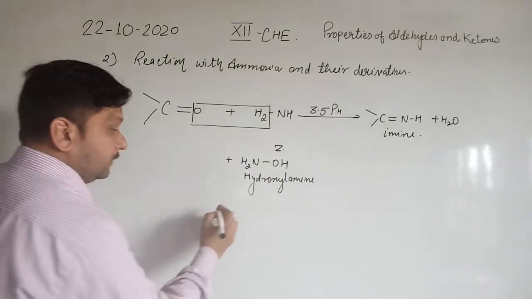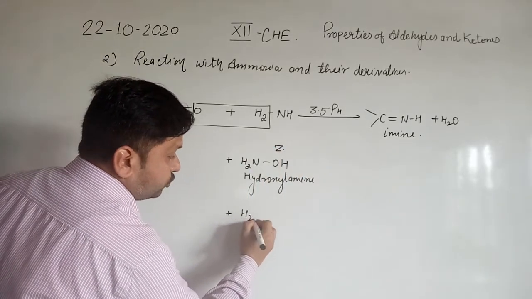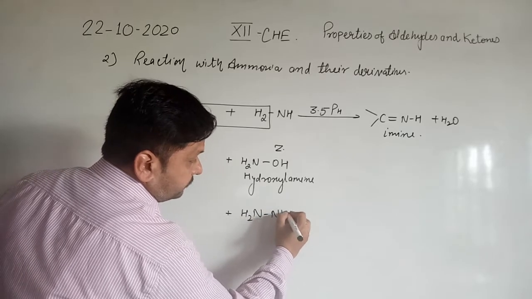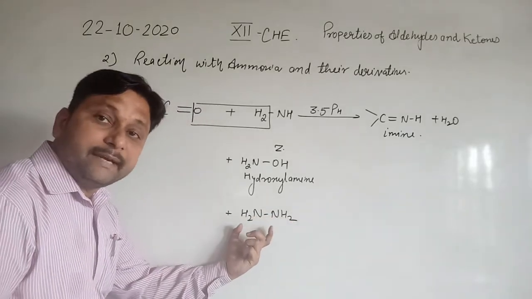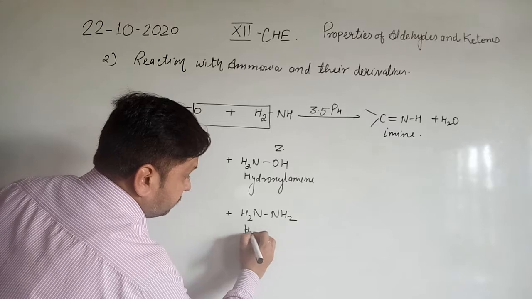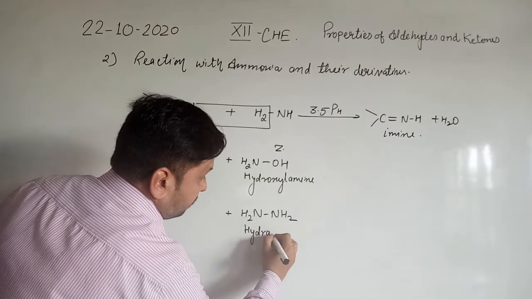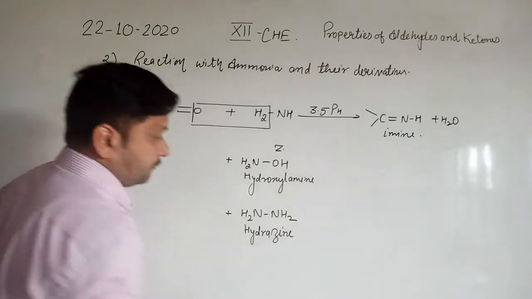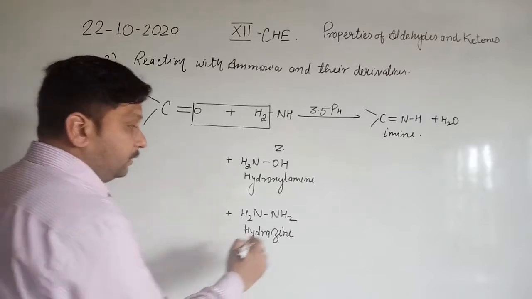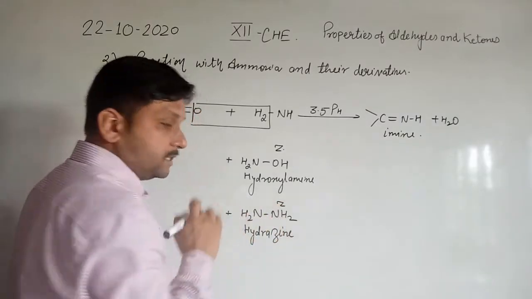Clear? If we talk about NH2 bond NH2, this compound is known as hydrazine. In this compound, the value of Z is this NH2.